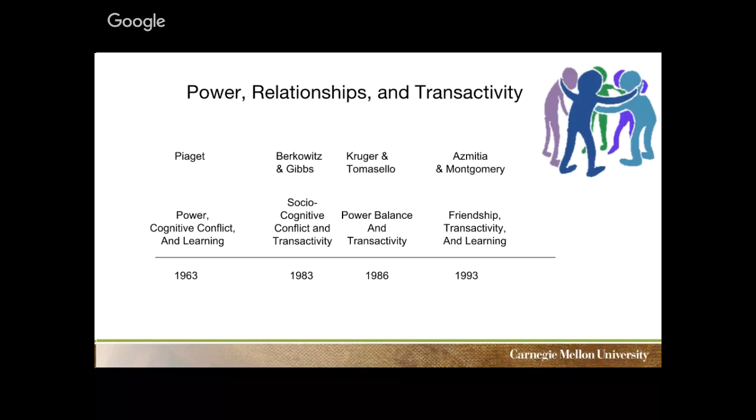Would you see a difference in how much transactivity would occur within their interactions if all of the things were held equal? And would you then see that the difference in transactivity explained any kind of difference in learning? And in fact, we see in this 1993 study that there was more transactivity in friend groups than acquaintance groups, and on difficult concepts that additional transactivity predicted more learning.